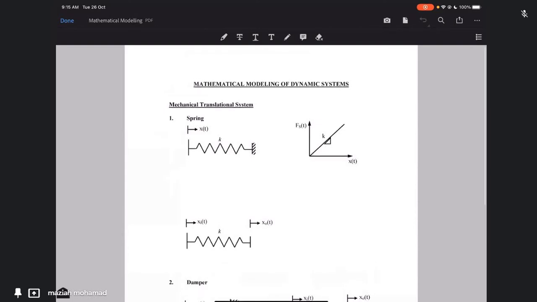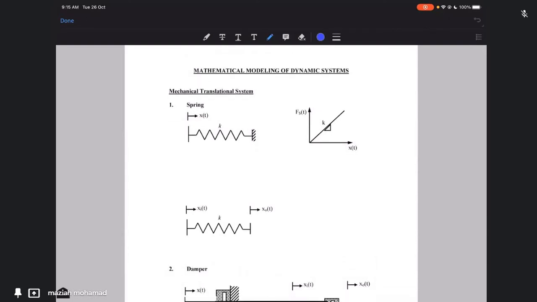So we have F equal to Kx. We know F is the spring force, K is the spring stiffness coefficient, and x is the displacement. That is a very basic equation, F equal to Kx. Everyone knows this.